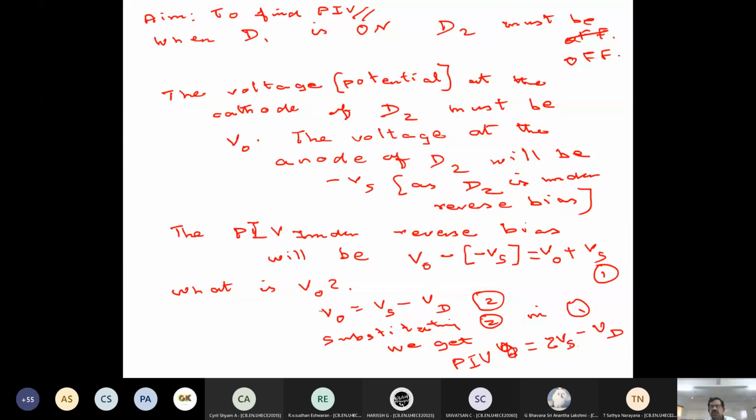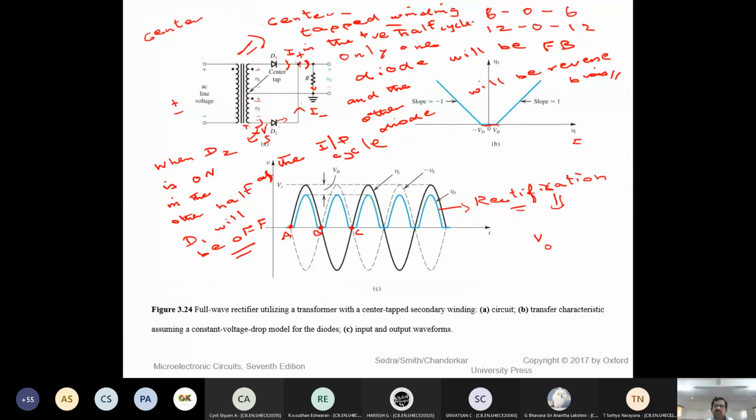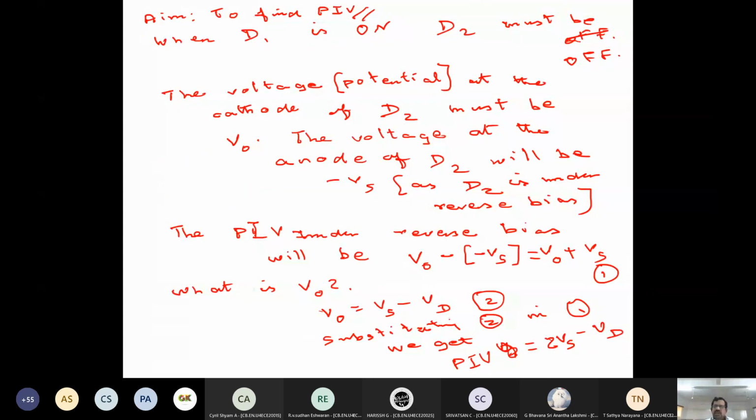What does that tell you? Vd is 0.7 always for the constant voltage drop model. Say, for example, I want to construct only 8 volt, I am giving 16 minus 0.7. So Vs is 8. Taking a standard voltage rating, let us take 6-0-6. I take a center tap transformer, then I will have 2 into 6, 12 minus 0.7, which is equivalent to 11.3 volt. So the peak inverse voltage with that kind of transformer will be 11.3.